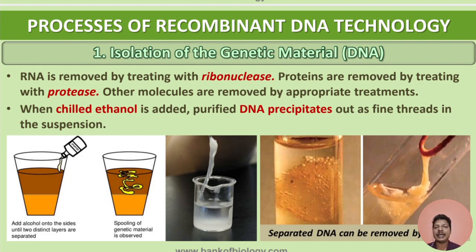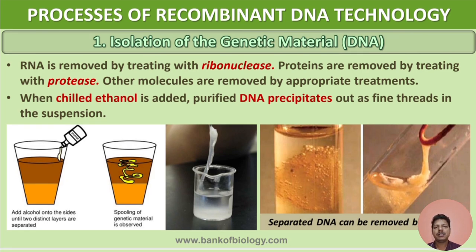When chilled ethanol is added, purified DNA precipitates out as a fine thread in the suspension. It is a major practical experiment which you are going to do or have already done in your biology lab. So first of all, we have to remove the RNA, then proteins, then other molecules also. After that, we use chilled ethanol to precipitate the purified DNA, and it comes out like fine threads like this.